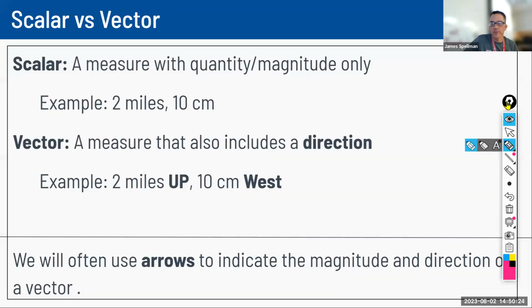So I guess I won't draw right now. If we had an up arrow, that might indicate north or up or positive direction. If the arrow was longer, that would tend to indicate a larger magnitude than a smaller arrow would. So if you wanted to illustrate a bigger force, you would draw the arrow longer, and then the direction that it's pointing would tell us which way the force or the direction is going.